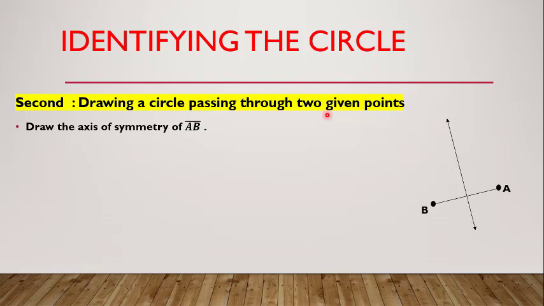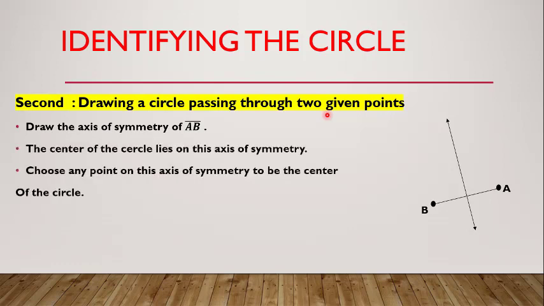Okay, so now we have an axis of symmetry of the line segment AB. The center will be any point on this axis of symmetry. If you choose any point on this axis of symmetry, this point can be a center of the circle. So I'll choose, for example, point M here to be the center of my circle.